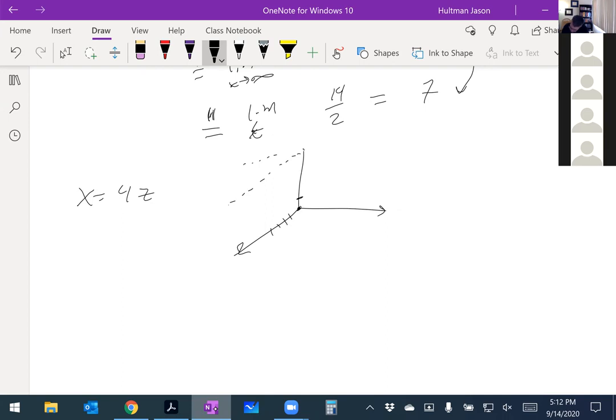So 0, 0 is a point on this, but it's also going to look like this. Okay, so we get this guy here, and we want to rotate it with respect to the x-axis.